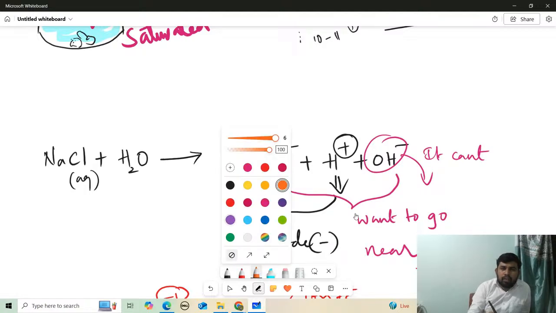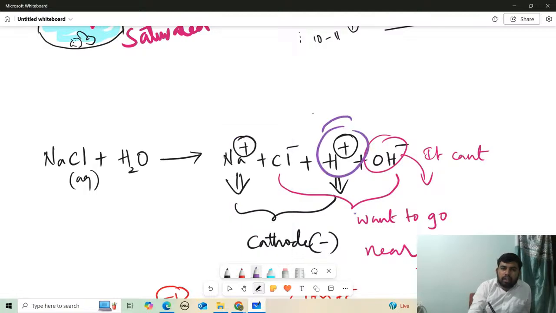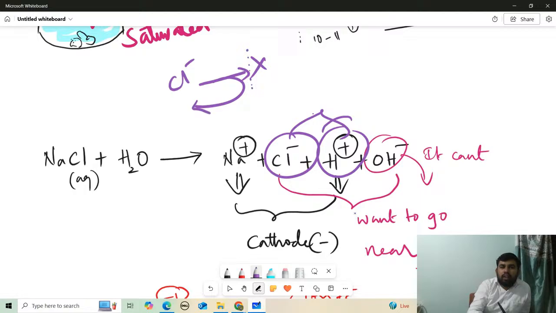Why will these ions not mix here? We have H plus ions and Cl minus ions. Why can't they mix? Because that membrane will not allow. Cl minus will not move across, so it makes a U turn and moves towards the anode. Okay, this is about the molecular process.